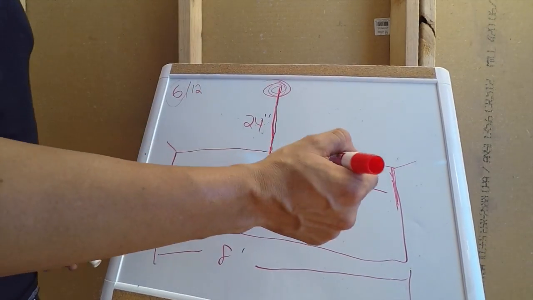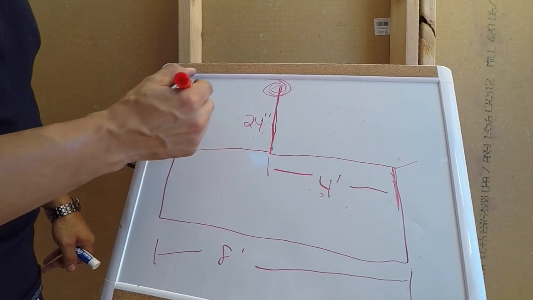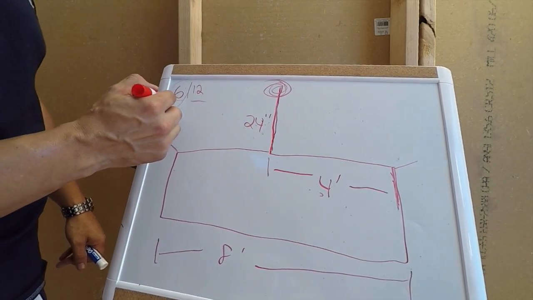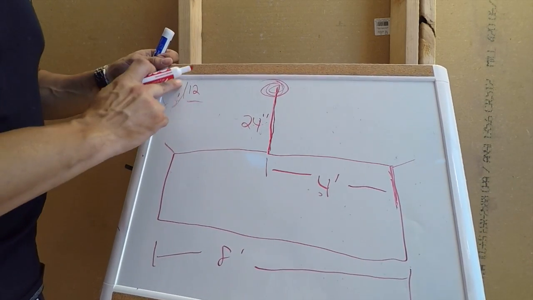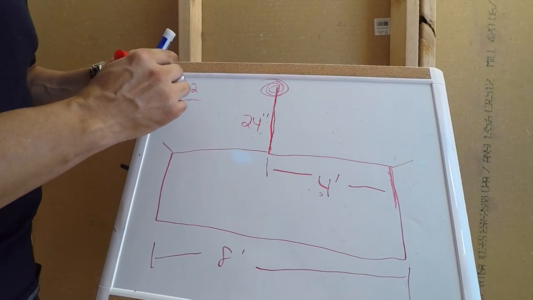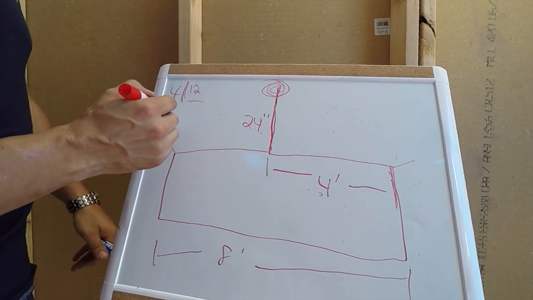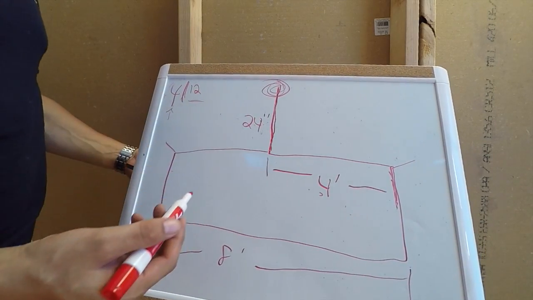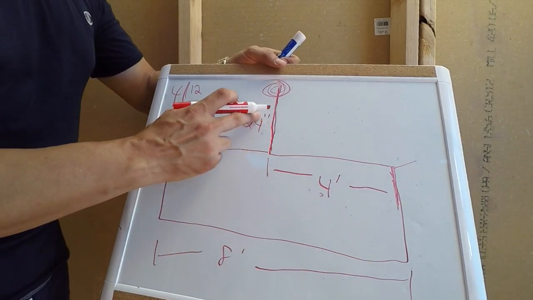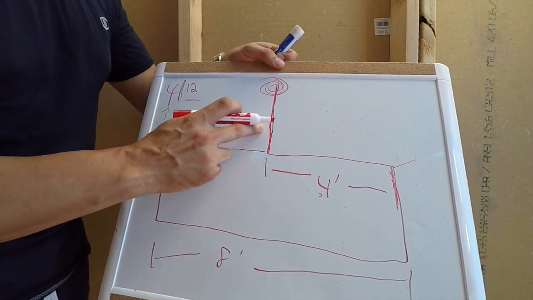For every foot, every 12 inches, it raises up 6 inches. For every 12 inches on a 4/12, it's going to raise up 4 inches. That's the way that you calculate that to find the height of your pitch.